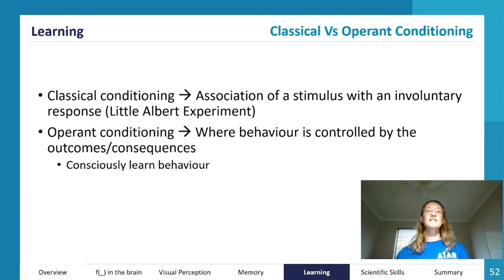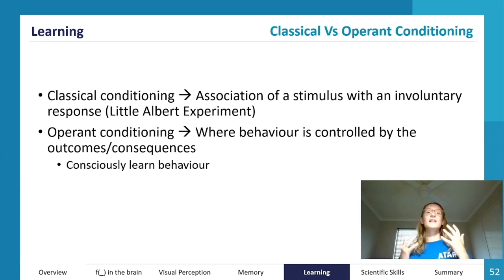But the difference is the person undergoing the learning in operant conditioning has an active role in choosing their behavior. For example, if a student received a detention, they have to choose, okay, I don't want to get a detention again. I need to change my behavior because this consequence, this outcome, is or isn't desired.